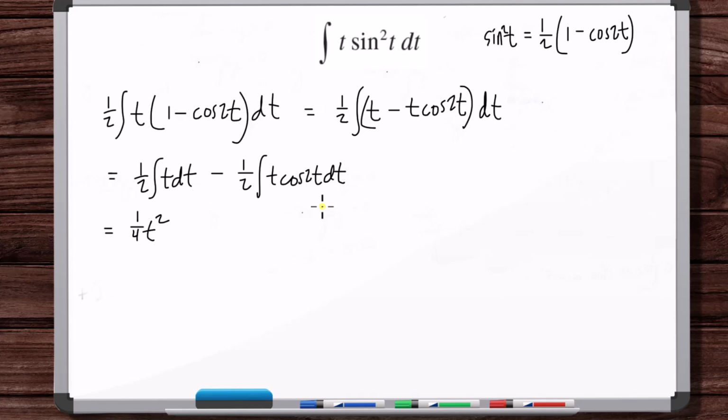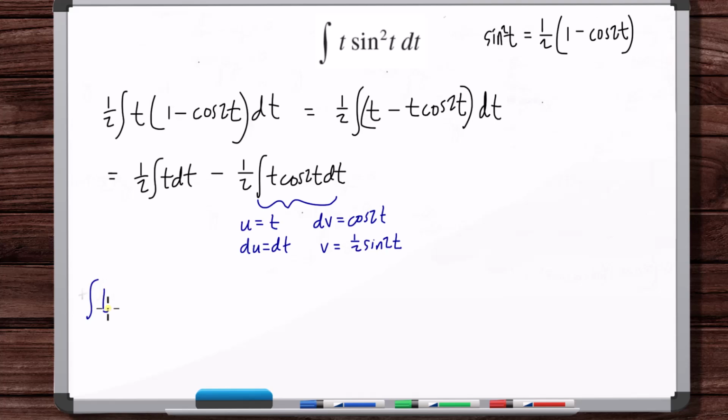And then, okay, cosine is easy to integrate and differentiate. So is t, but if we could choose, we'll differentiate t. Okay. So dv is cosine 2t. So v is equal to 1/2 sine of 2t.